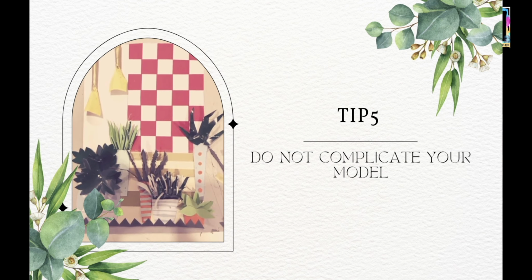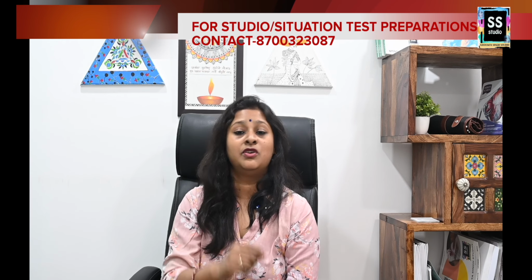Step number 6. If write-up is asked, crisp your write-up in 4 to 5 lines or 70 to 80 words, whatever it is asked or advised in your questions, and underline your major techniques and major ideas. Always mention the inspiration if you have taken, because that is going to enhance your model.